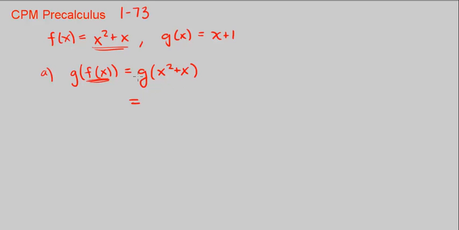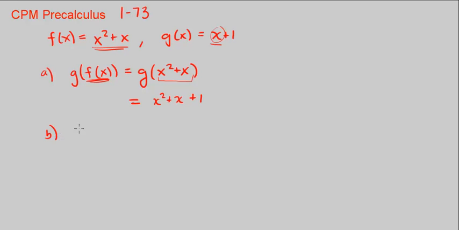Now this becomes g of, with the input, x squared plus x. So we plug in everywhere we see an x in the equation, x squared plus x. So that's x squared plus x, plus 1. And this is the answer. So we're done with part A.